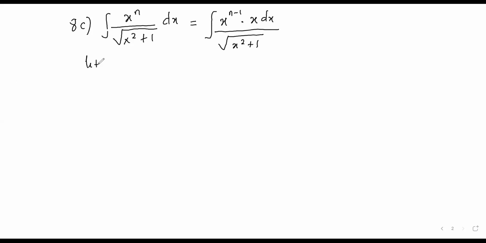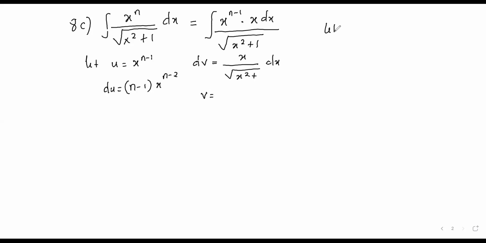So we let u be equal to x to the n minus 1, and let dv be equal to x over the root of x squared plus 1 dx. So we have a du equal to n minus 1 x to the n minus 2. And our v, the integral of this, uses substitution. So you are letting your u again to be x squared plus 1.